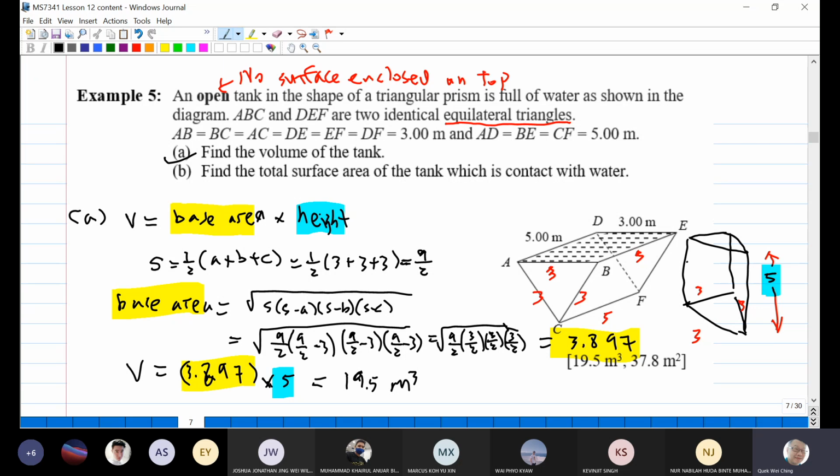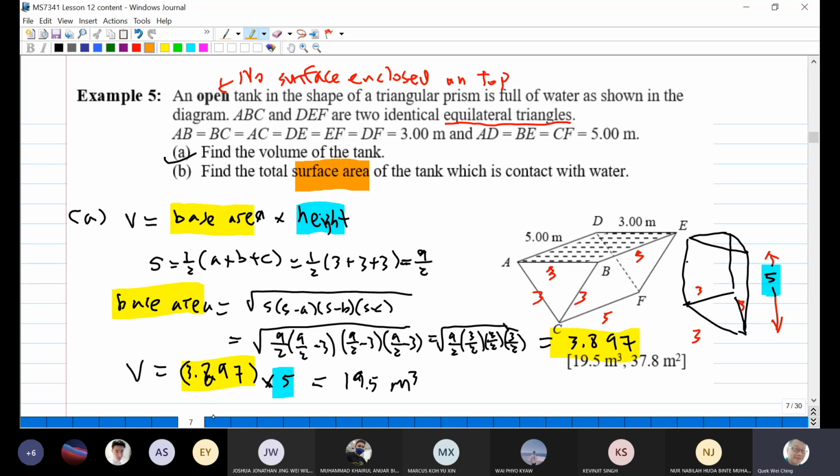Find the total surface area of the tank which is in contact with water. I want to find the total surface area in contact with the tank.